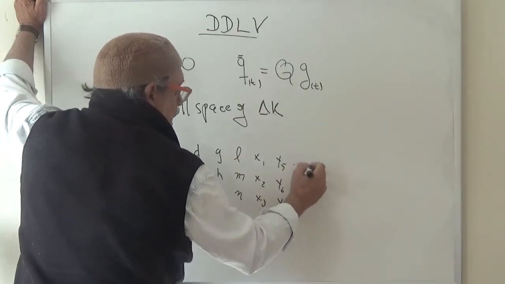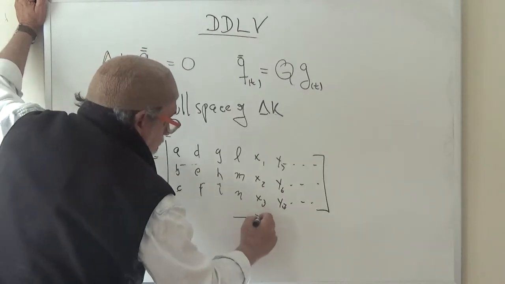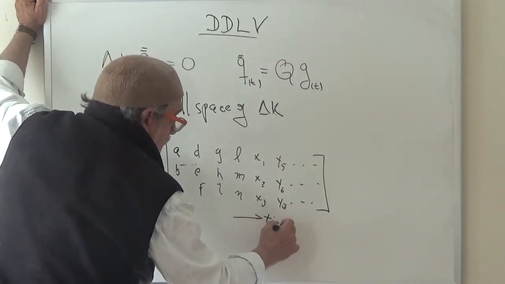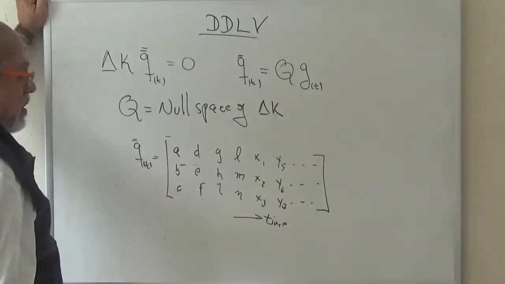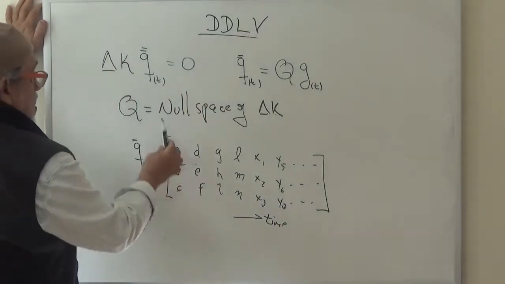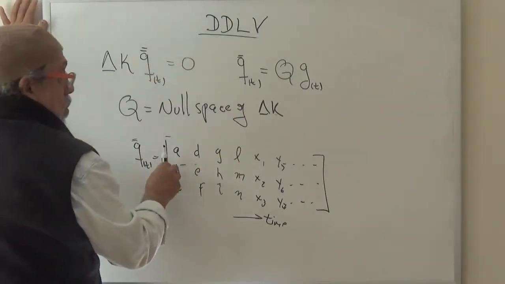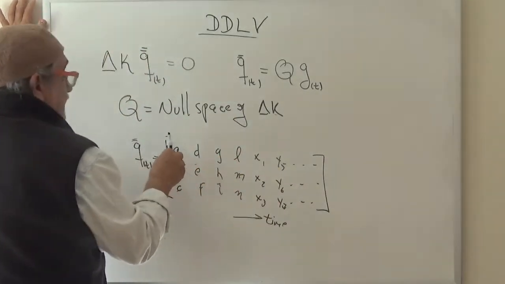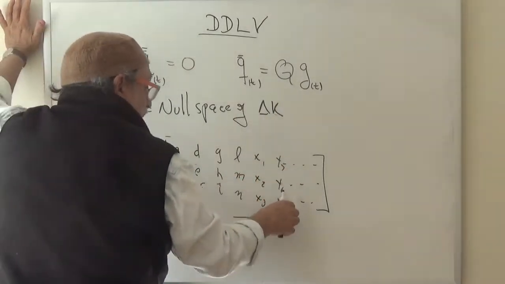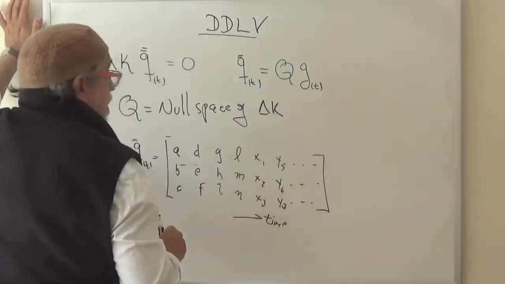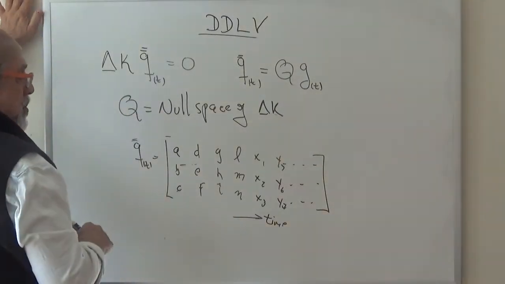And I could go on and on, right? This is time running that way, and these are different time stations. So I could have 10,000 of these, because I can solve for the response for as long a time as necessary. What we are saying is that any one of these vectors, A, B, C, or Y5, Y6, Y7, all of them are such that when multiplied times delta K is 0.